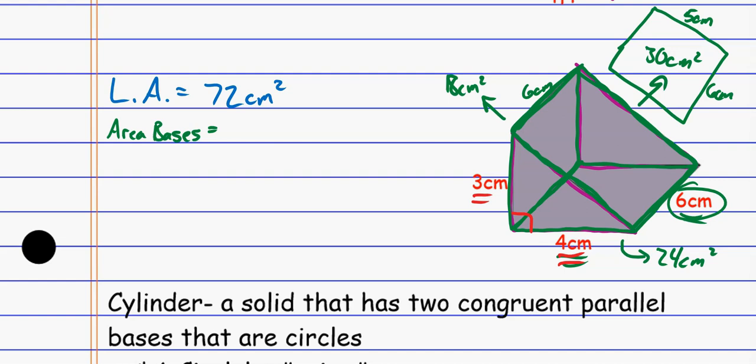The area of this front triangle is one half the base times the height, so the area is 6 square centimeters. And I have 2 of those, so the area of the bases is 12 square centimeters. And so now the surface area, when I add all this together, is going to be 84 square centimeters.